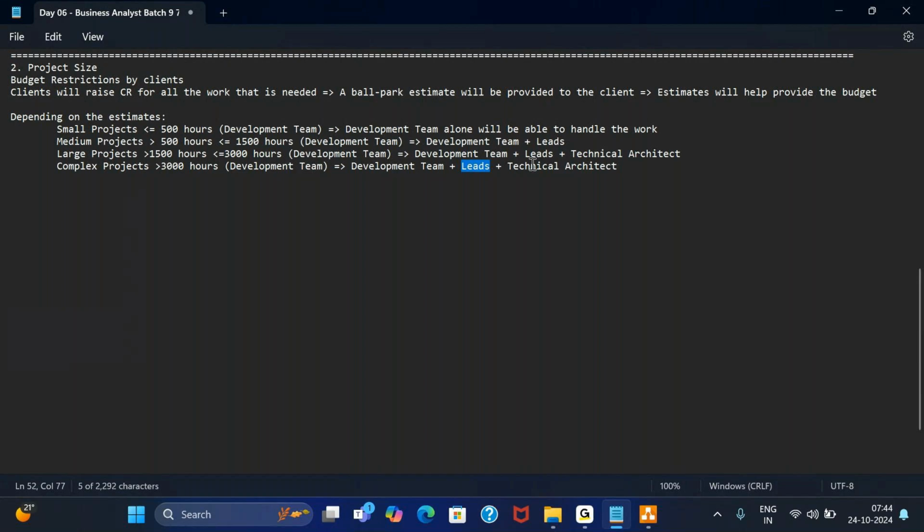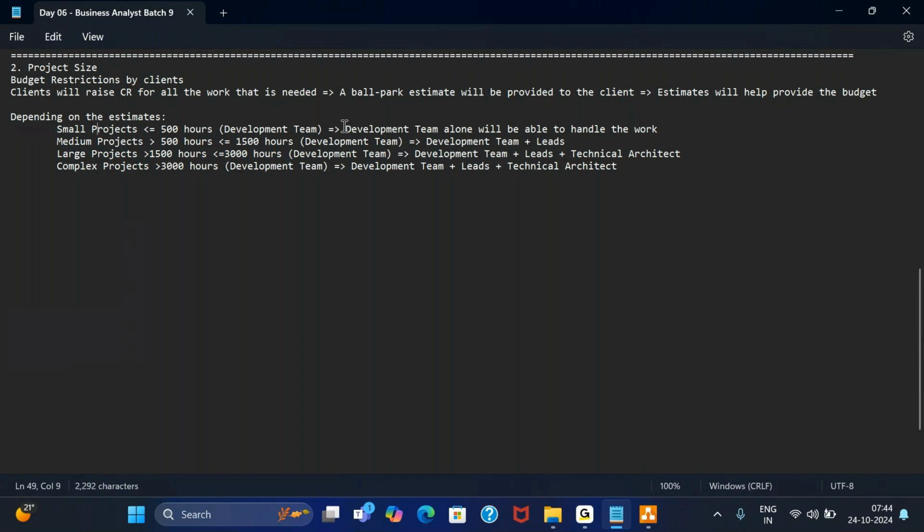So the same thing happens in large and complex size projects. Mostly the technical architects will create the blueprint. Once done, leads are responsible for ensuring that those blueprints or designs are implemented, and keep guiding the team as per the designs. So maybe in the starting, as a BA, the estimation and the project size will help plan that, okay, it's a small work, I can directly work with my development team.